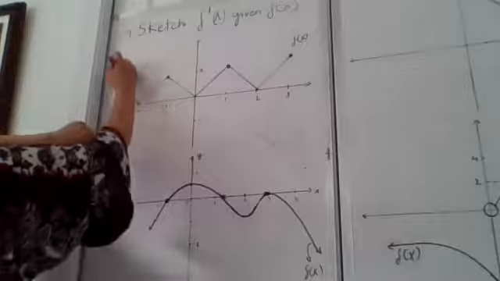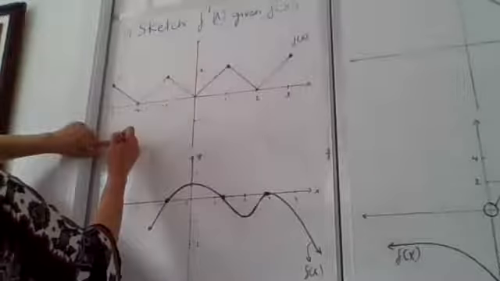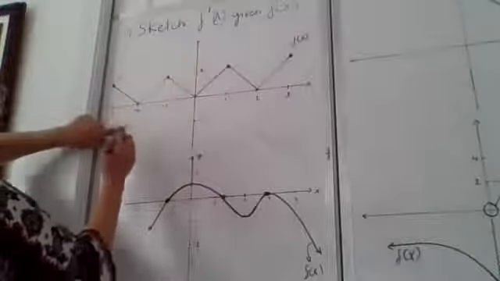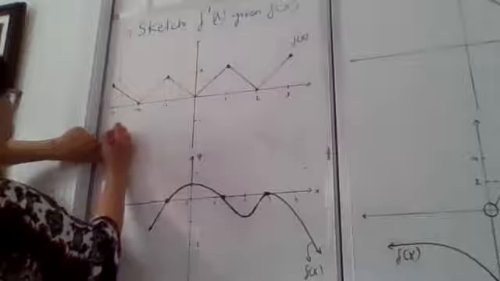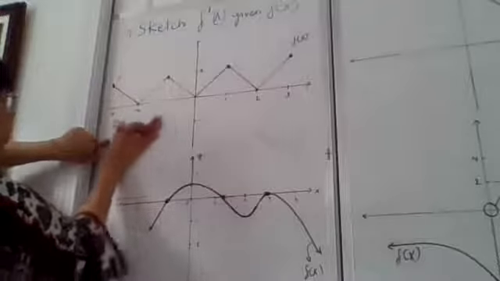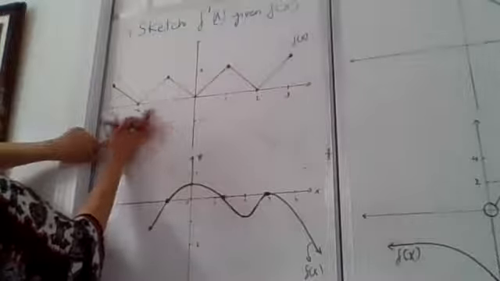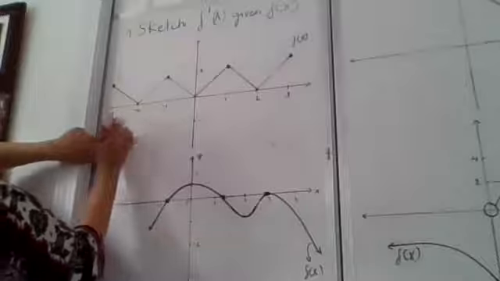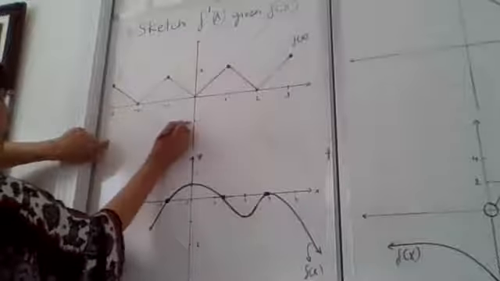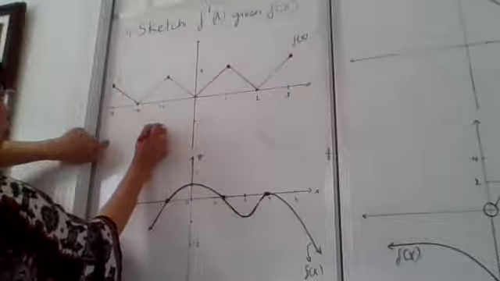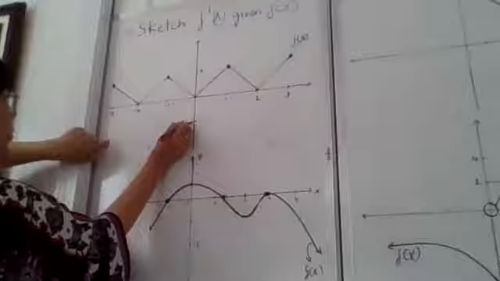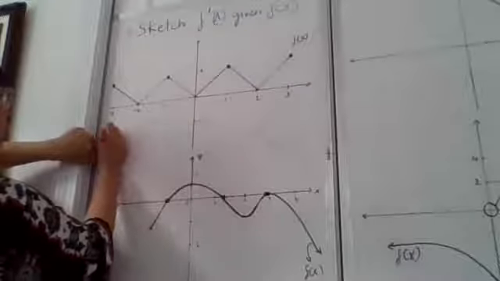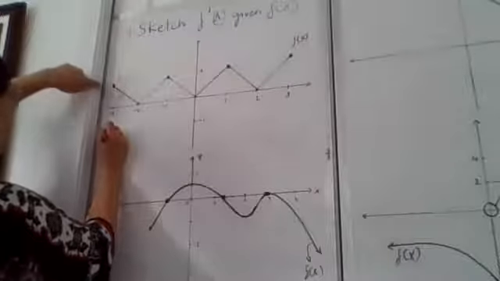Because the function is decreasing, going down, we have a negative slope. So now if we get the slope, we will start from the negative section because the function is decreasing. It has a slope of -1, so this is -1.